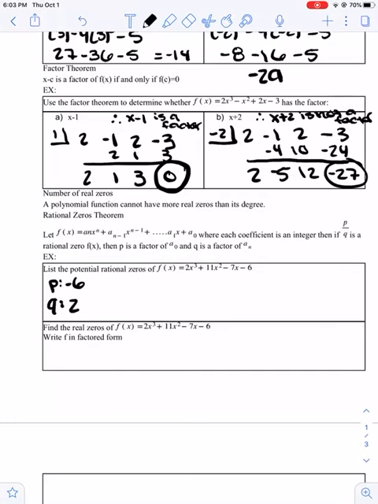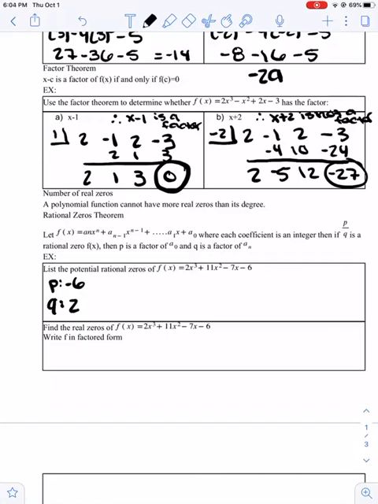For this example, they just want us to list the potential values. So you need to find all of what multiplies to either the P or Q. Like, what are its factors?